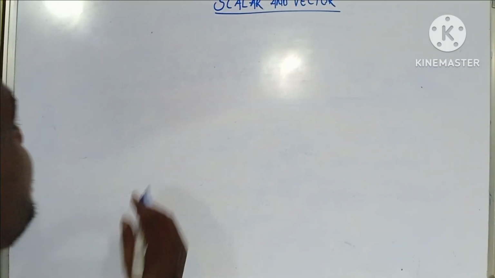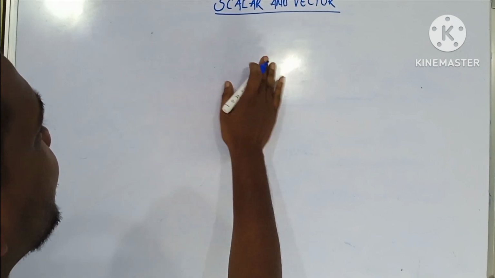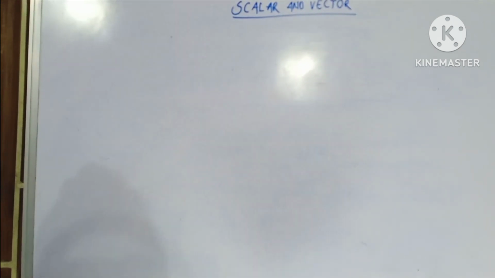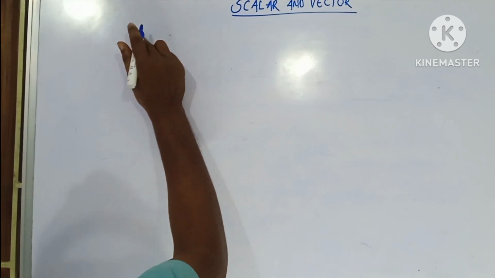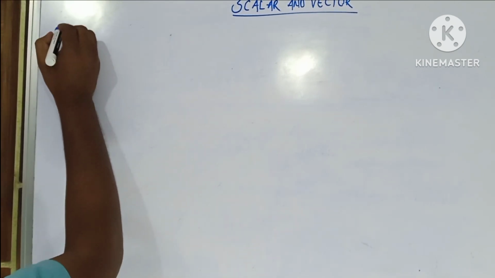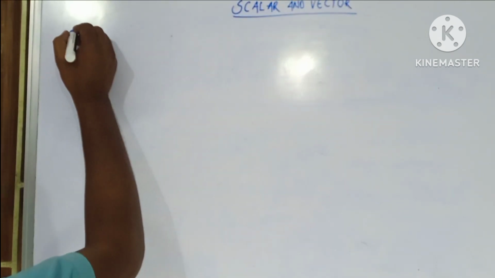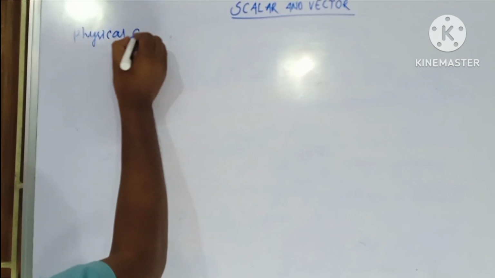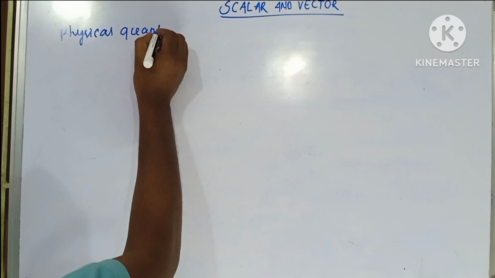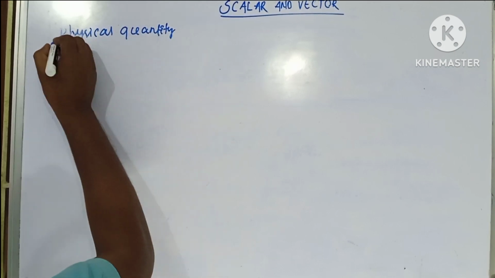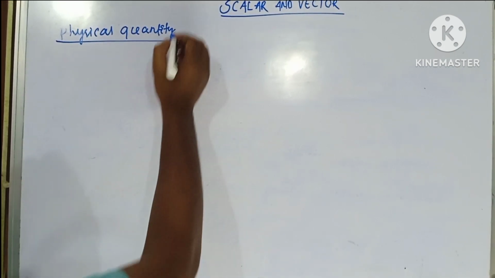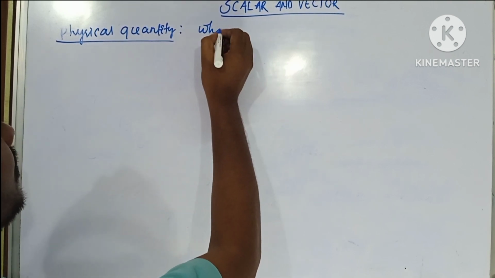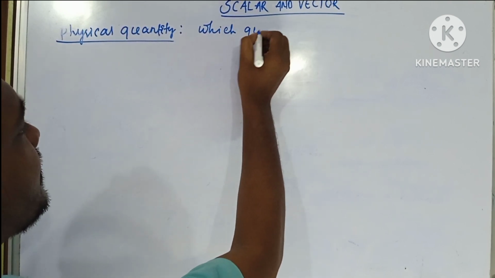Okay, today's class is about scalar and vector. Before we start, we first have to study what we mean by physical quantity. Physical quantities are the things which can be measured.